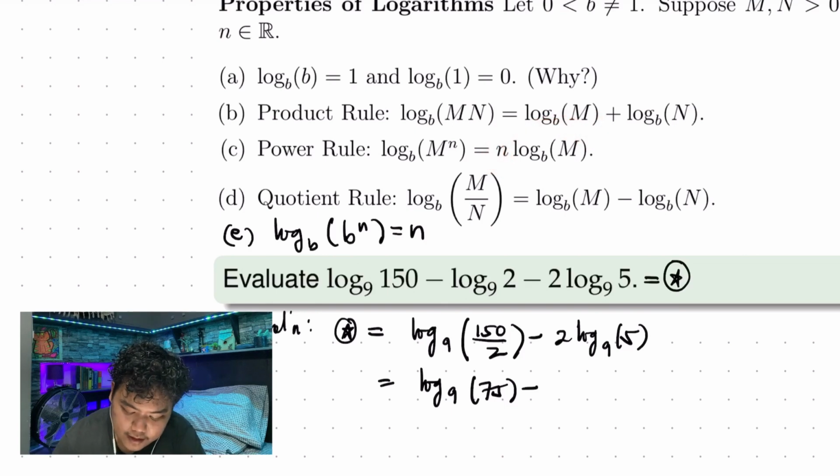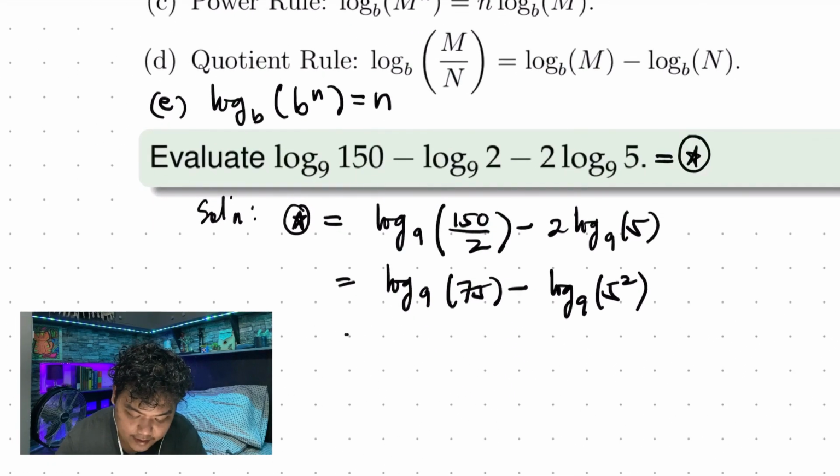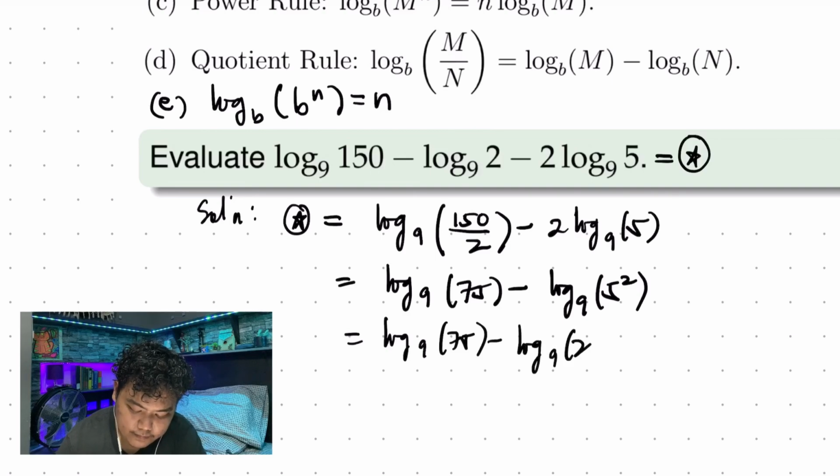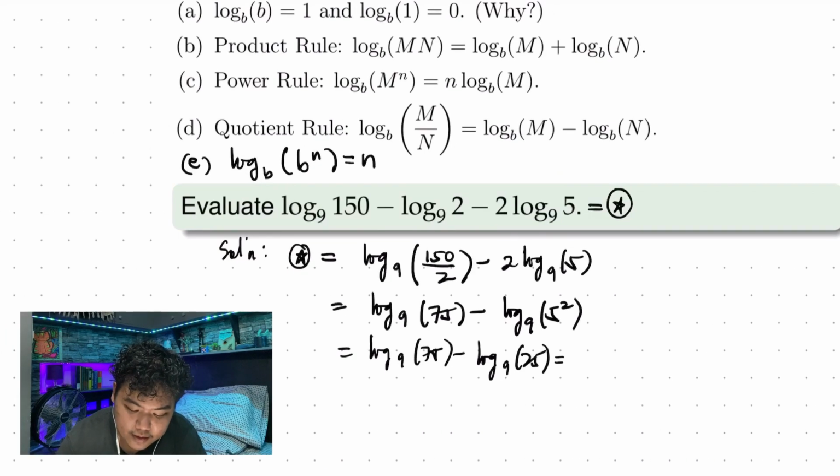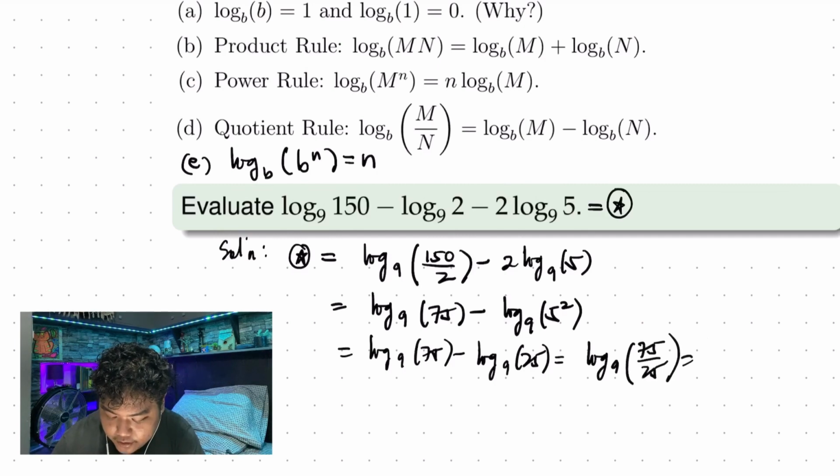So, magiging log base 9 ito ng 5 square. Ano ba yung 5 square? Diba 25? At ito, nagsusubtract ka na naman ng log, you can use this one. So, log base 9 ng 75 over 25 or log base 9 ng 3.